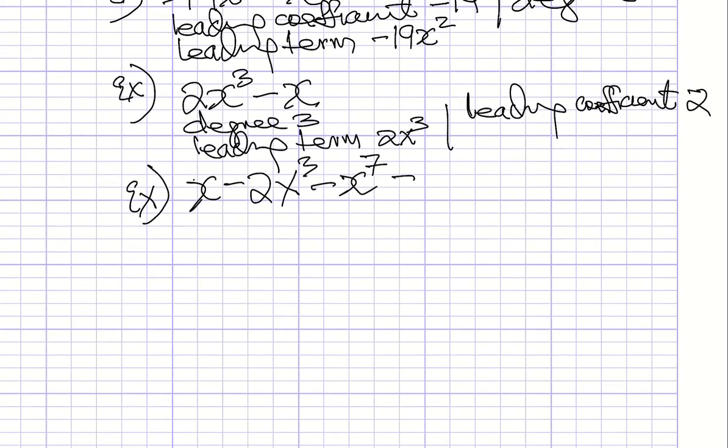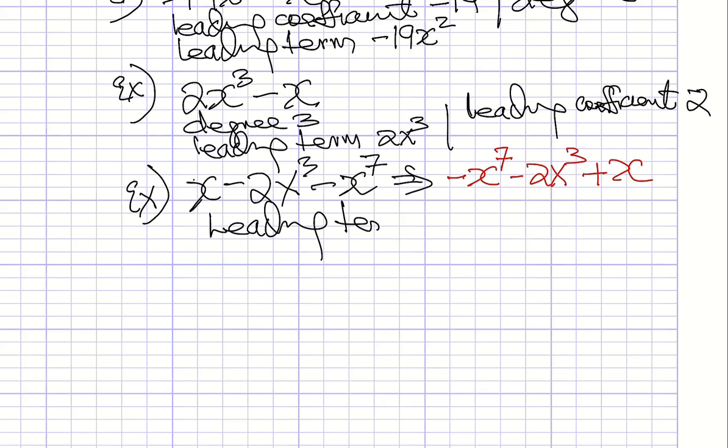This one you can rewrite in standard form if you want: negative x raised to the power 7, negative 2x raised to the power 3, and plus x. If you don't want to, you don't have to. Now notice the leading term is negative x raised to the power 7.